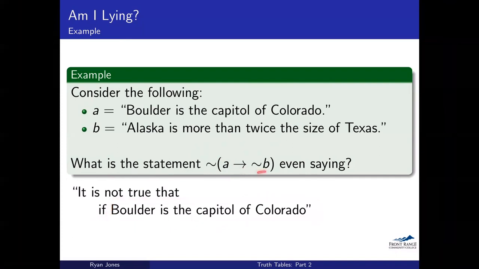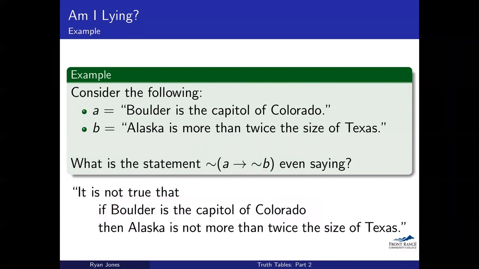Then not B. If A, then not B, and notice I've included this little not here: Alaska is not more than twice the size of Texas. So given these simple statements, I have this compound statement that honestly is a mouthful. It is not true that if Boulder is the capital of Colorado, then Alaska is not more than twice the size of Texas.